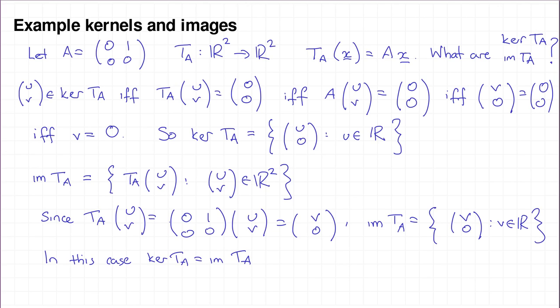It just so happened that here we had TA going, the codomain and the domain of TA being the same, and furthermore, it turned out that the kernel and the image happened to be equal. So this is not true in general, even for linear maps which have their domain and codomain equal.